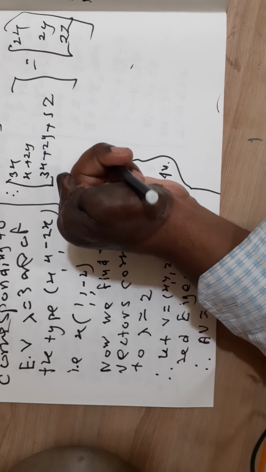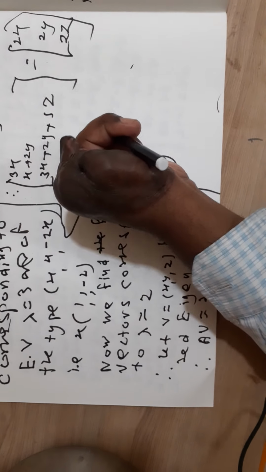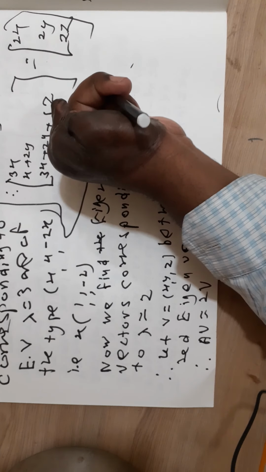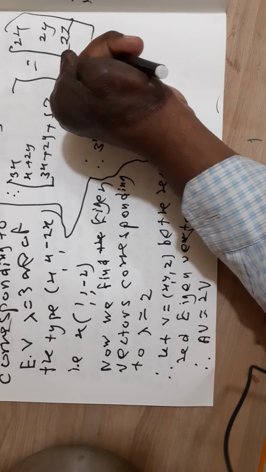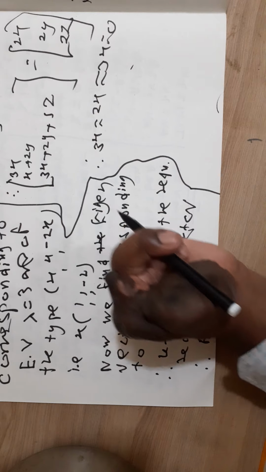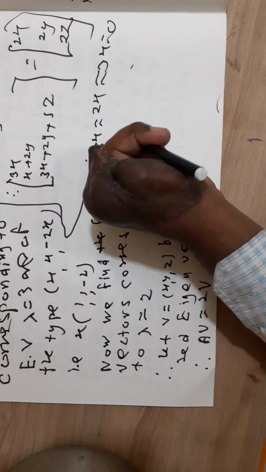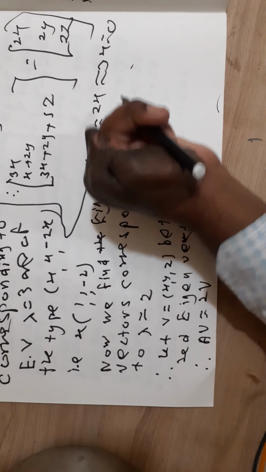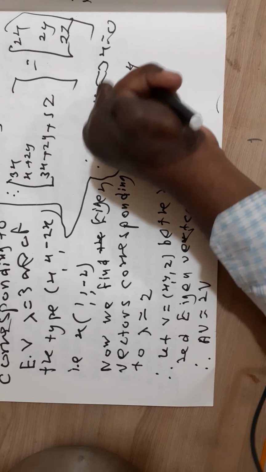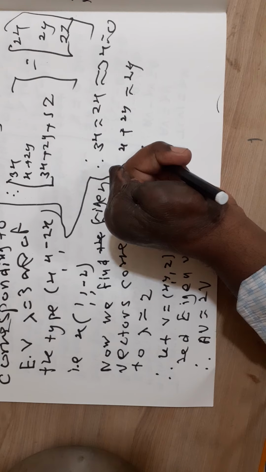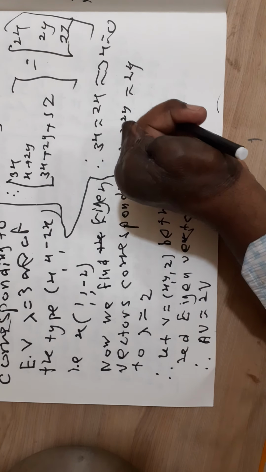Therefore 3x is equal to 2x implies x is equal to 0. Then x plus 2y is equal to 2y. Therefore 0 plus 2y is equal to 2y.